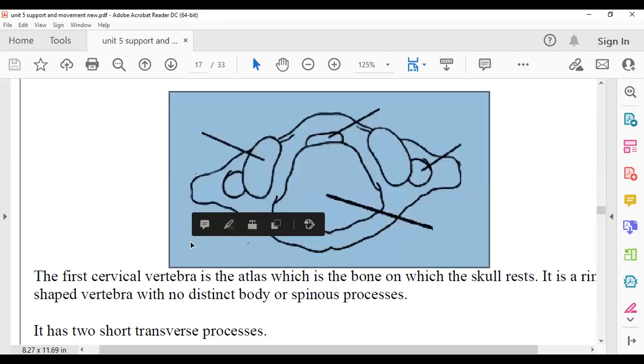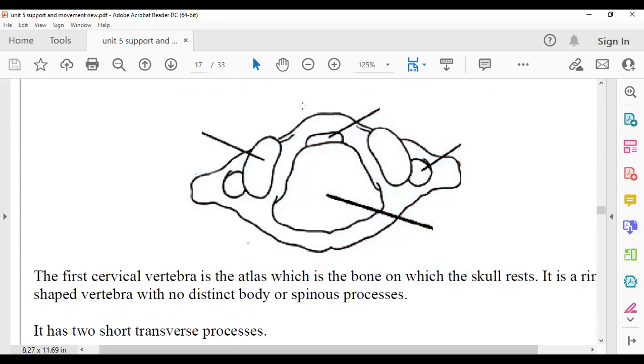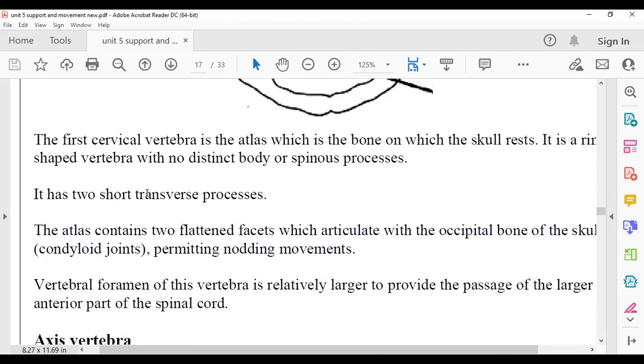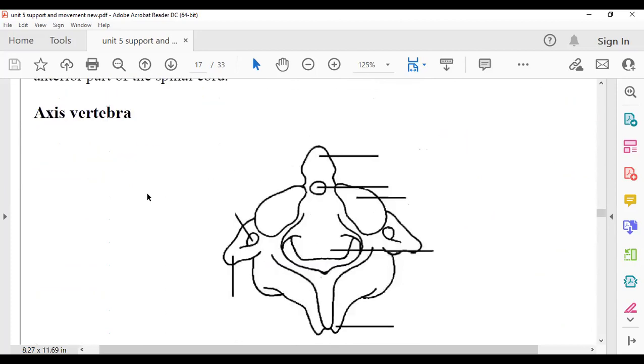Spinous process is not there. Similarly, the body is also reduced. So almost no body, no spinous process. Highly reduced body, highly reduced spinous process. Okay.